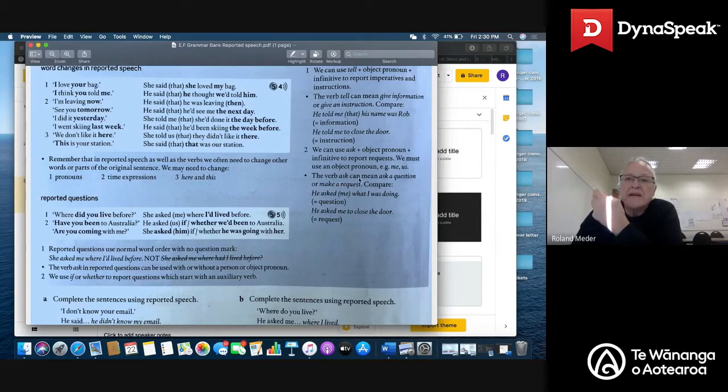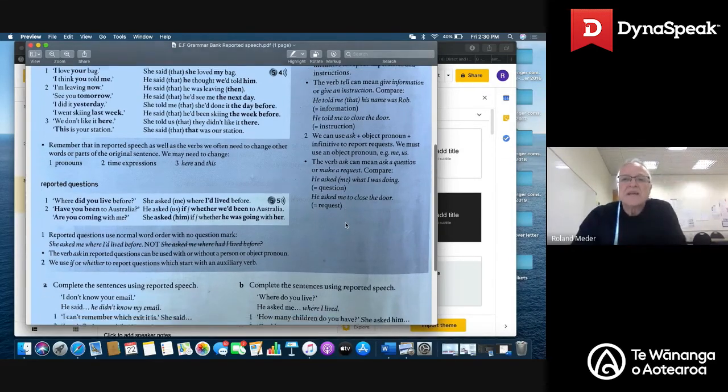The verb ask can mean ask a question or make a request. Compare. He asked me what I was doing. That's a question. Like, what are you doing? He asked me what I was doing. He asked me to close the door. Close the door, please. I'm very cold. So that's a request.